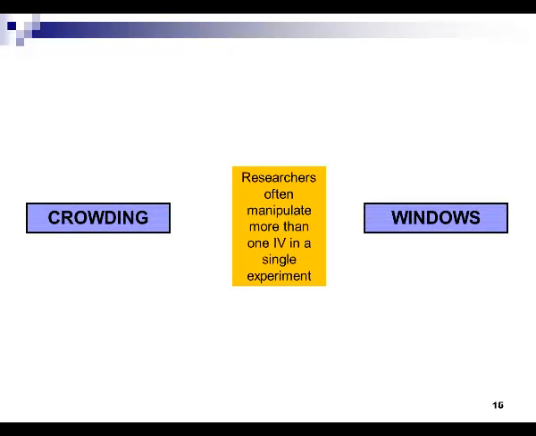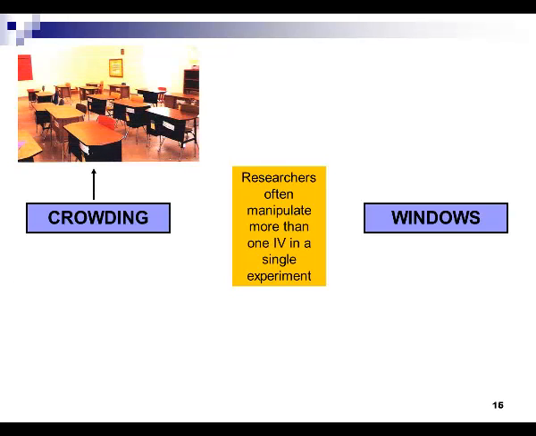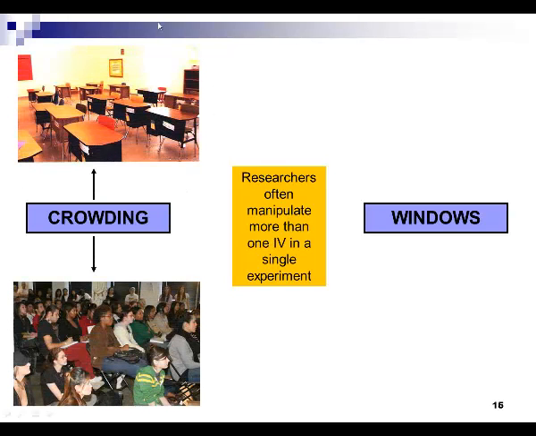So researchers are often interested in manipulating more than one independent variable in a single experiment, okay? More than just one level, but also more than one independent variable. So let's say, using our same example, that we were interested in looking at the effects of crowding on cognitive performance, but also windows, okay? And we have, again, little crowding and more than a little bit of crowding.